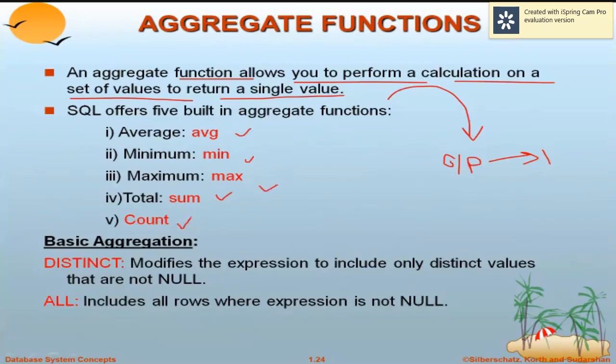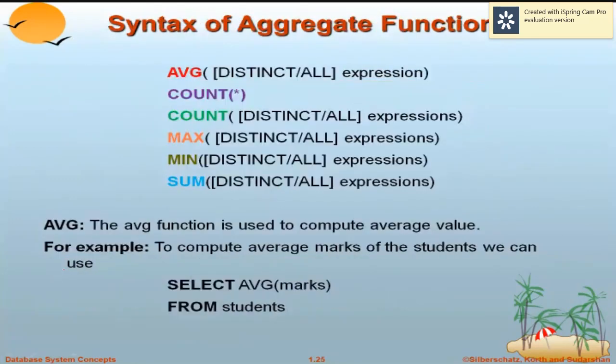So apart from this, you also have an aggregate function called distinct and all. So average, minimum, maximum, sum and count. The name itself says what is the functionality of each and every type of aggregate function. So if I speak about average, it is going to pull out the mean value from the attribute entries, for example, marks.